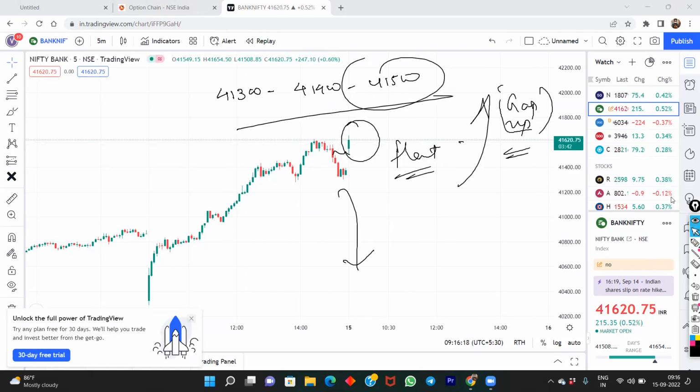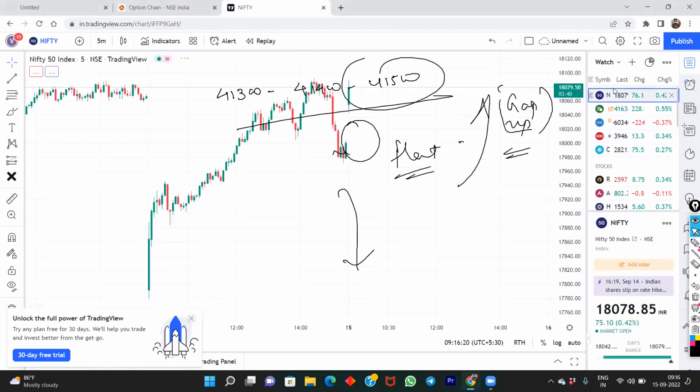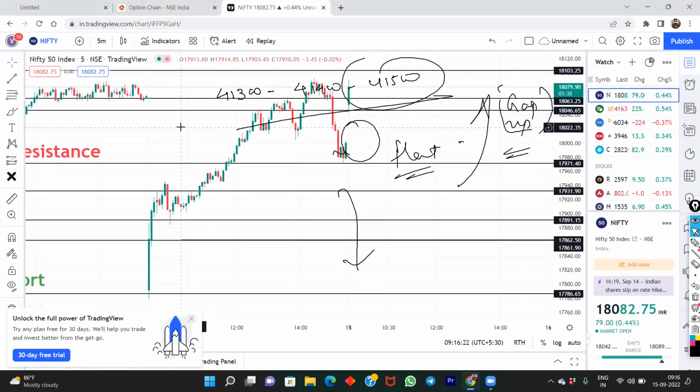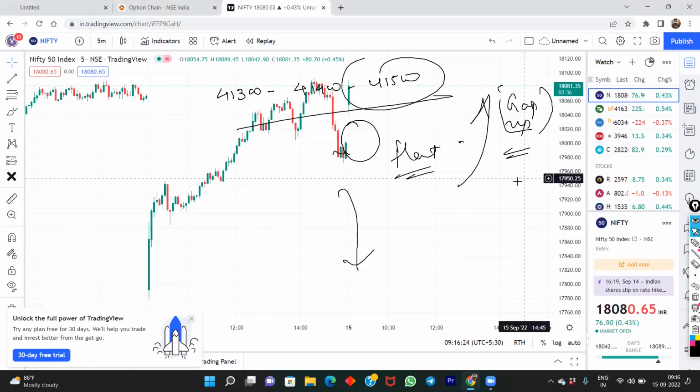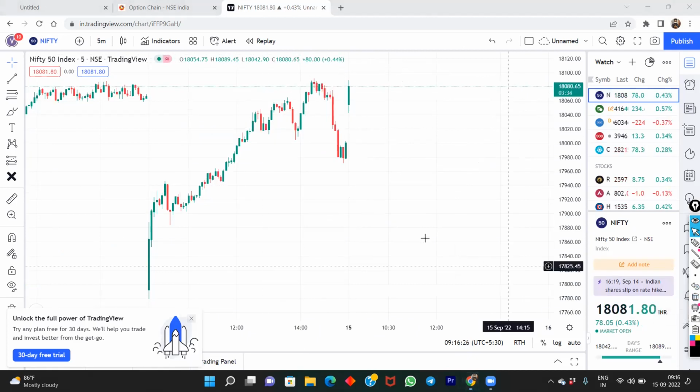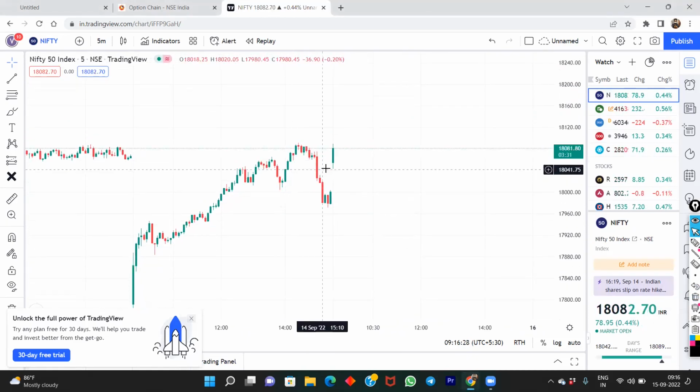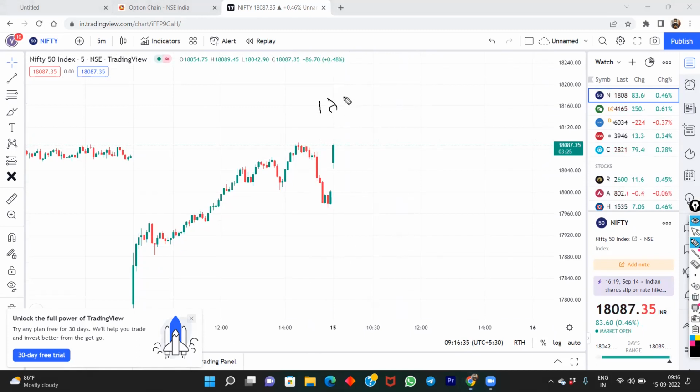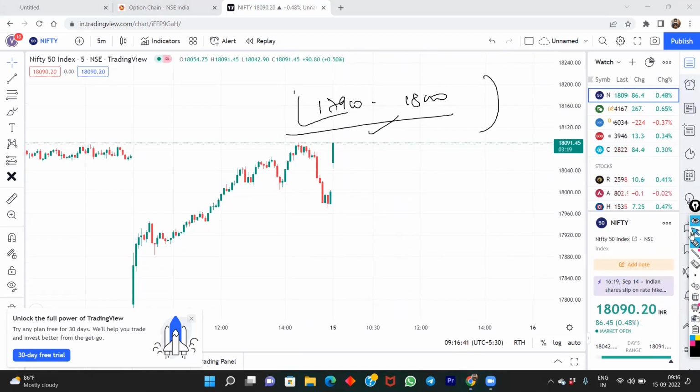So in Nifty, I can tell you by seeing the option chain, the Nifty is opening above 17,900 and below 18,000. Here you can clearly see where the Nifty is opening. Nifty opens at near around 18,054.